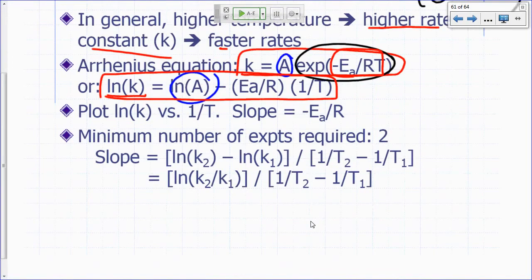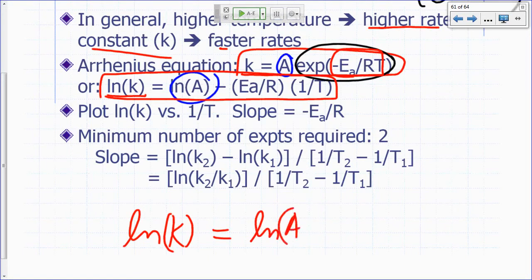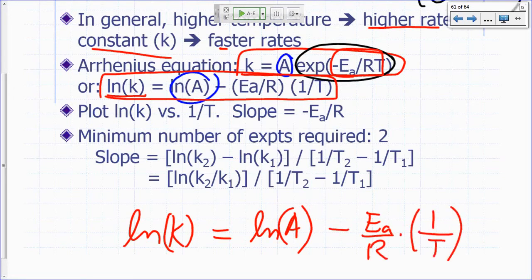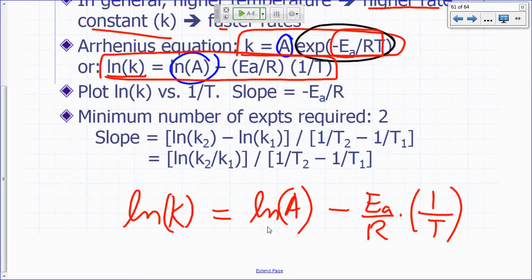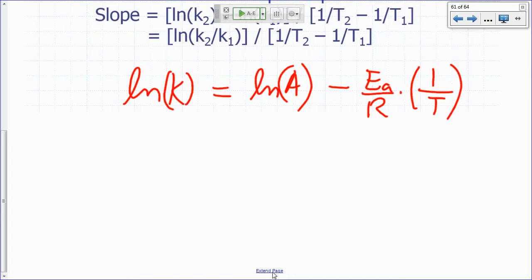So the Arrhenius equation relates the rate constant with temperature: ln k is equal to ln A minus the energy of activation over R times 1 over T. Now, if you were to plot your experimental data, so you do a series of runs, everything identical for those runs except for the temperature, and you're able to get the rate constant at each temperature.